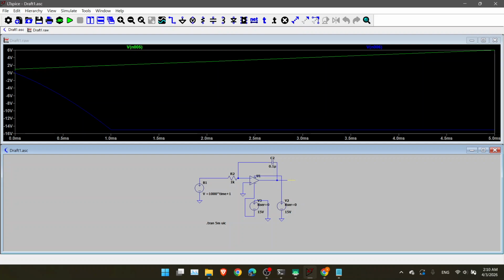The blue line is the output voltage. The domain is the time domain, and if I integrate my input voltage, which is f(t), some kind of a constant times t, it is like t squared something.